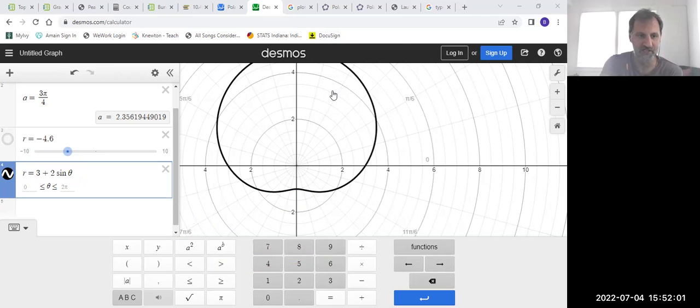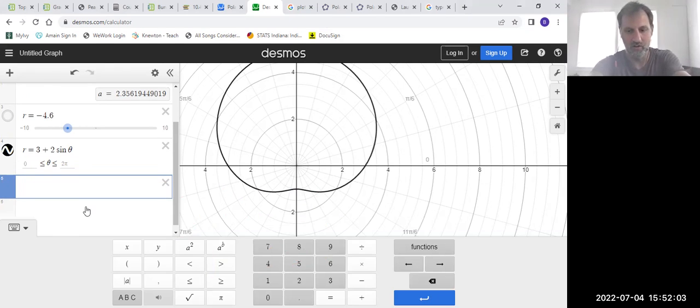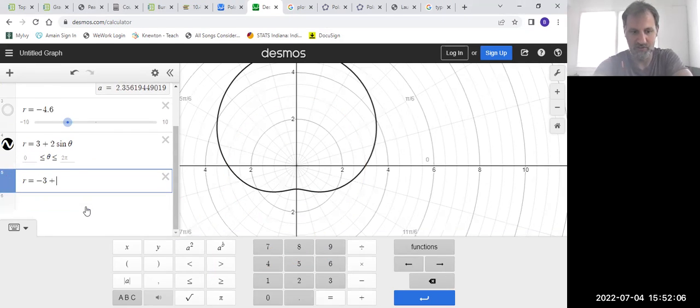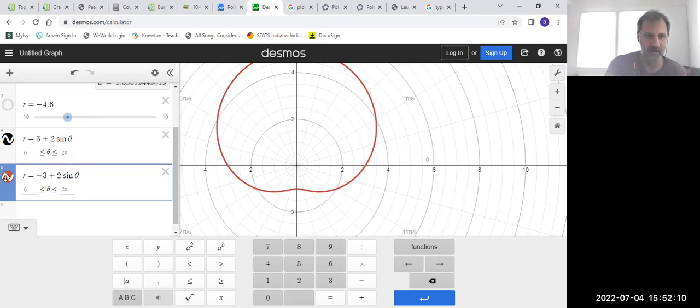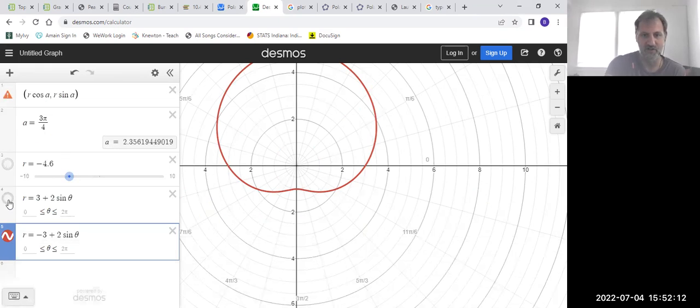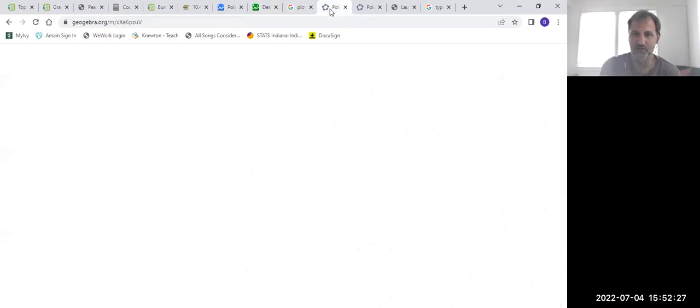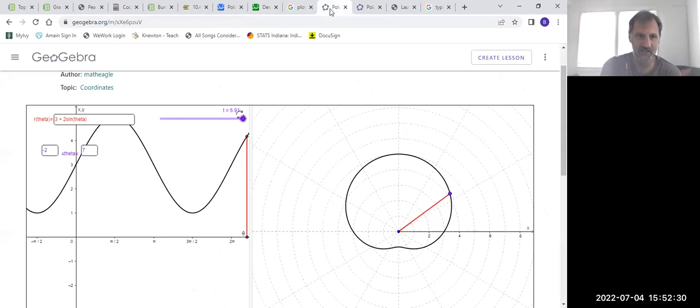First of all, in Desmos, I can show that r equals -3 plus 2 sine theta ends up exactly the same. The red and the black are on top of each other. Here's the red, here's the black, same thing. Now, it's not obvious why that should be the case. So there's some nice other things that you can look at here. GeoGebra has some nice tools.